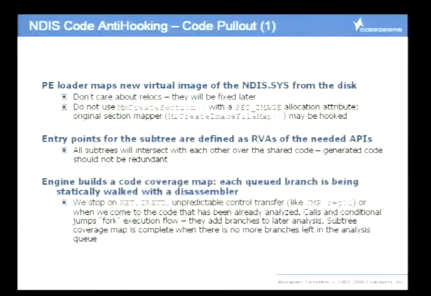And if we come to code that has already been analyzed, we stop our walking and take another branch to analyze. As for calls and conditional jumps, they actually fork the execution flow. They add branches to later analysis. A sub-tree coverage map is complete when there are no more branches left in the analysis queue.